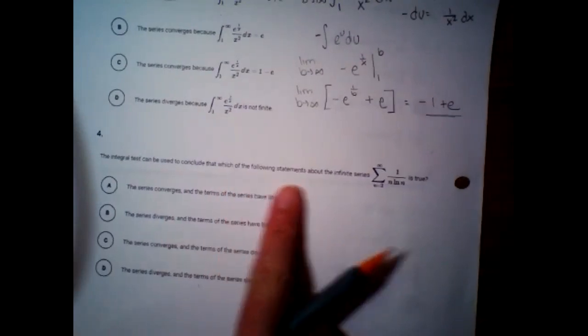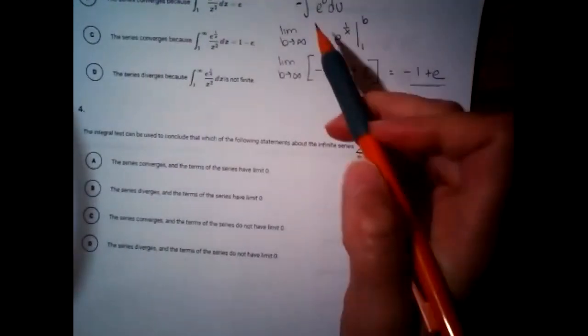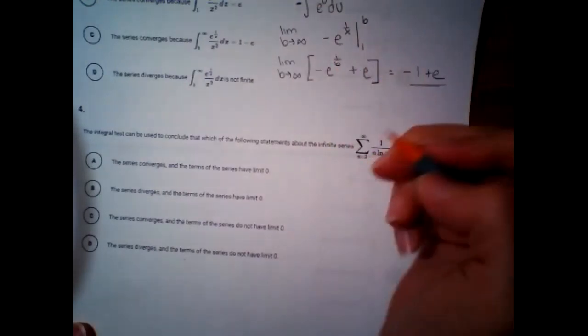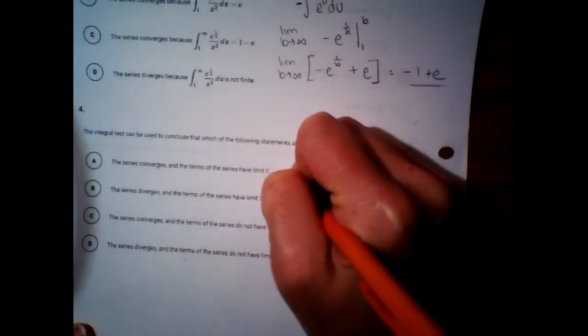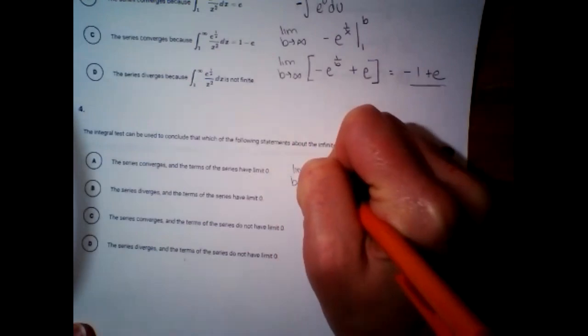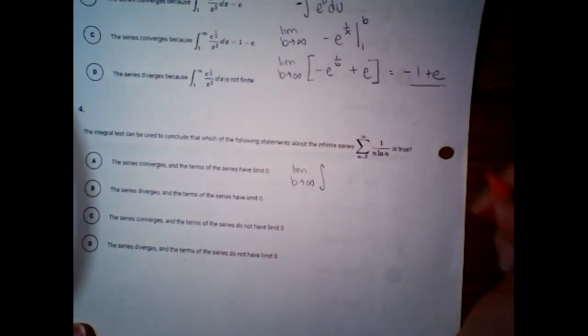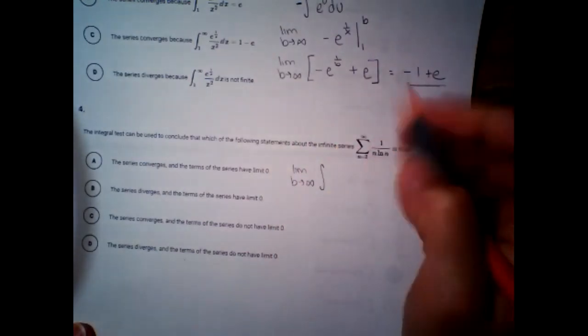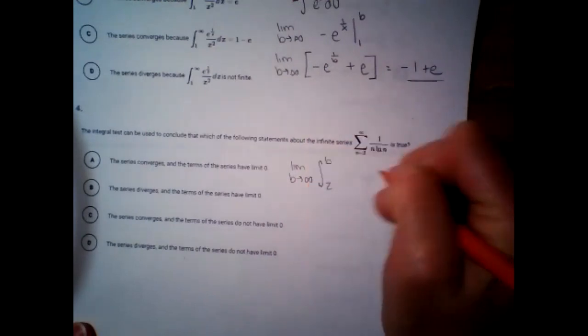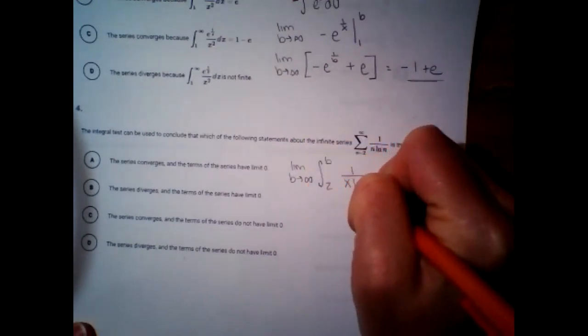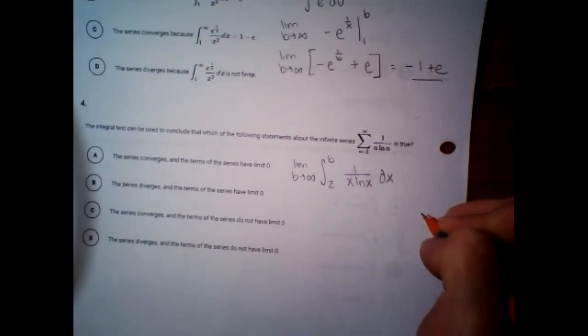Right, and then 4, the integral test can be used to conclude which of the following statements about this infinite series. So we're going to do the same thing that we just did for number 3 and do the integral test. So limit as b goes to infinity, integral. Now this one starts at 2, so this would be from 2 to b 1 over x ln of x dx.